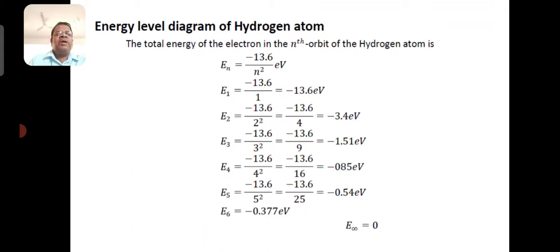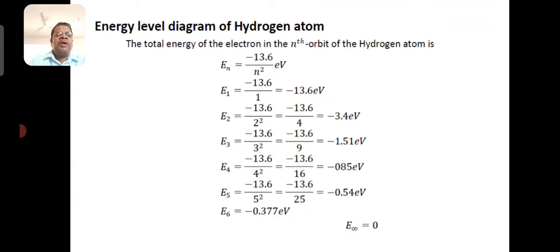For the first orbit, n equals 1. Therefore, the energy of the electron in the first orbit is minus 13.6 electron volt. For the second orbit, E2 equals minus 13.6 divided by 2 square, that is minus 13.6 by 4, minus 3.4 electron volt. E3 equals minus 13.6 divided by 3 square, that is minus 1.51 electron volt.